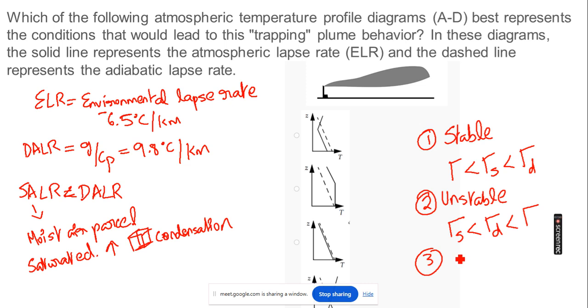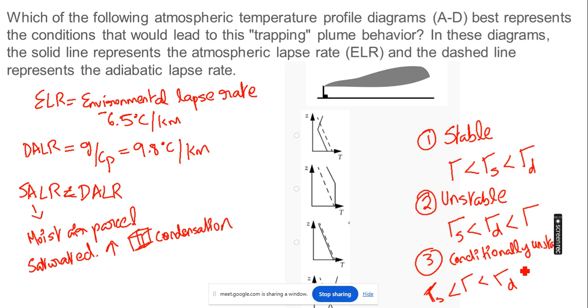And the third one we learned was the conditionally unstable atmosphere. In this case, the environmental lapse rate lies between the saturated adiabatic lapse rate and the dry adiabatic lapse rate, which means it is greater than the saturated adiabatic lapse rate and less than the dry adiabatic lapse rate.